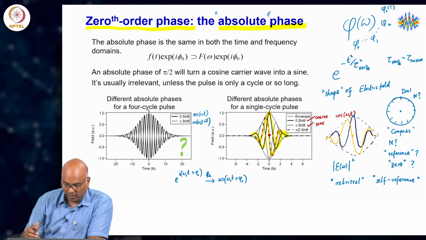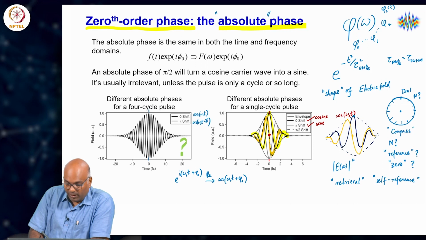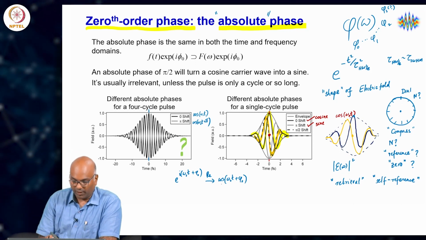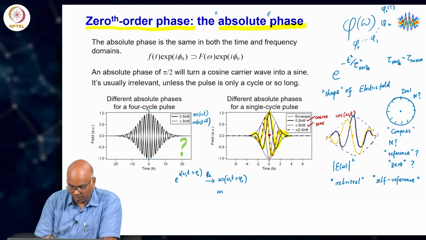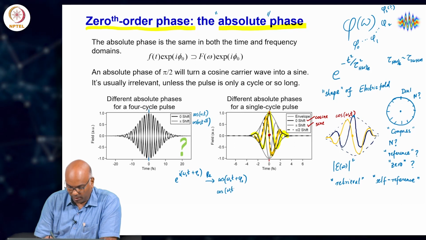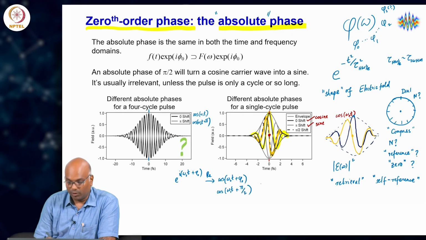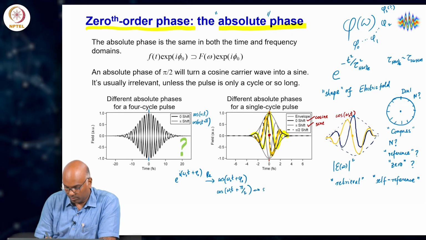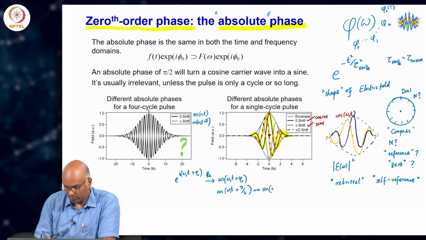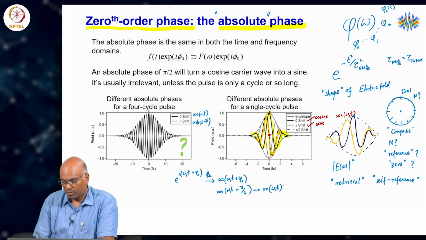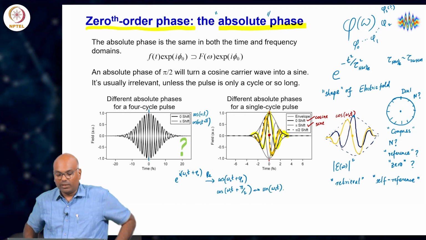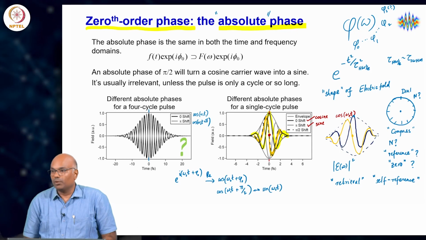So therefore, a sine pulse, with a 0 crossing at the 0 of time, is essentially cosine omega naught t plus a shift of pi over 2, crossing 0 at t is equal to 0.